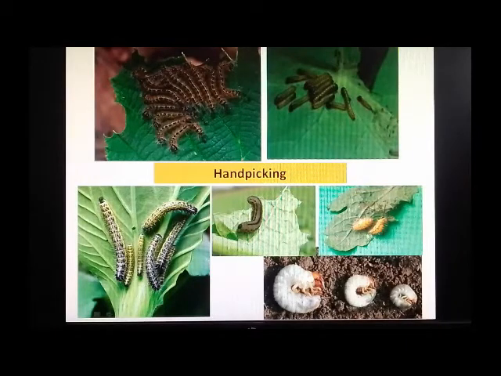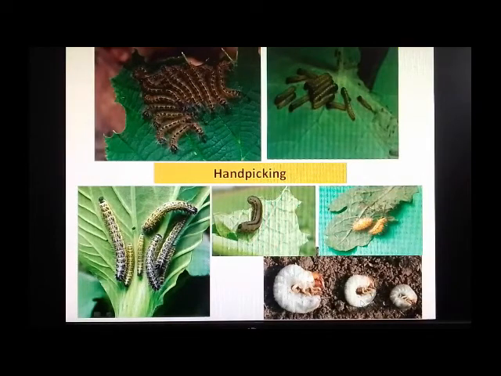These are the grubs of Epilachna beetle. These are the grubs of what is called as white grubs.